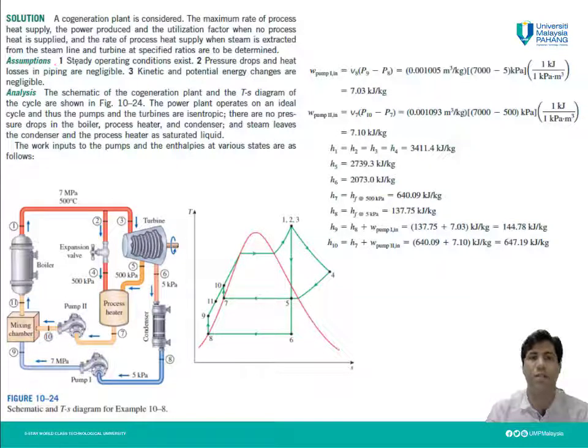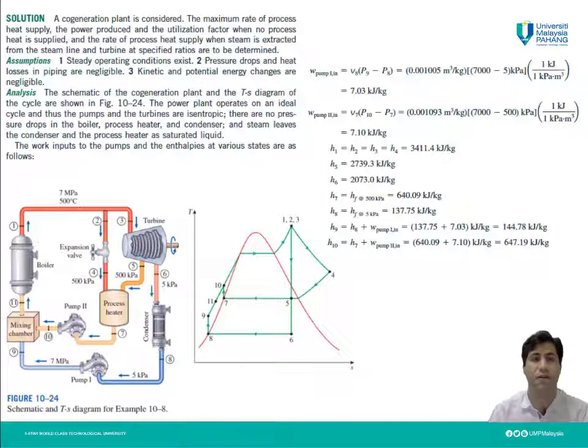One, steady operating conditions exist. We can have this assumption, however, you already know about that. It means there isn't any change in, for example, pressure and temperature at each state, which are also shown in this figure, with time.